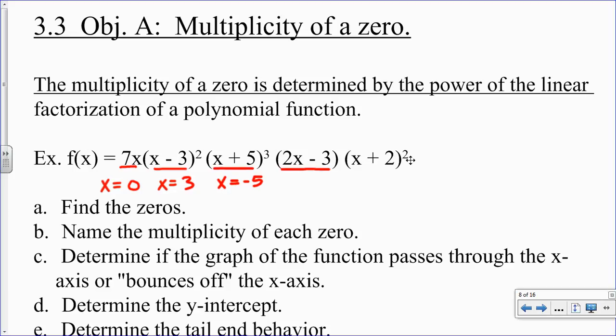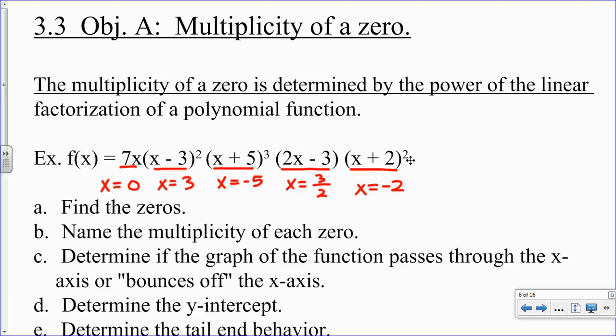Okay, for 2x minus 3, yeah, 3 over 2. Okay, good. We will talk about those, but for zeros, they don't play a part. And x plus 2 to 0 is negative 2. Okay, so that was part A.